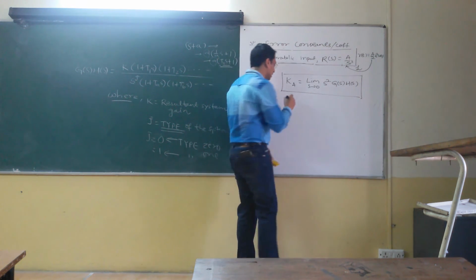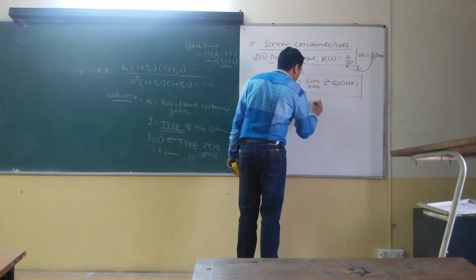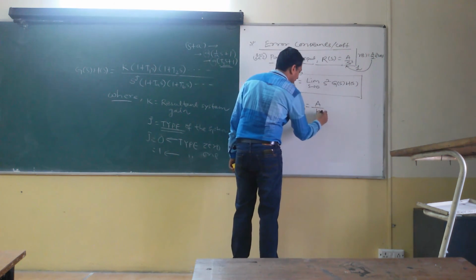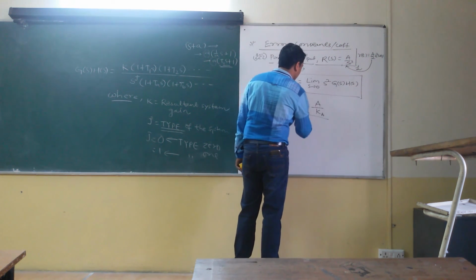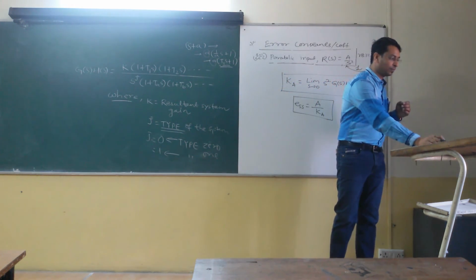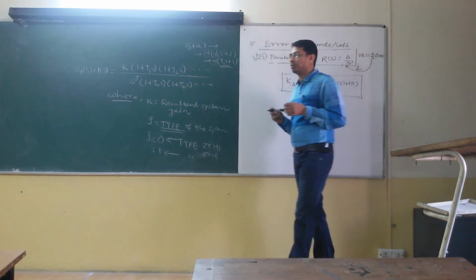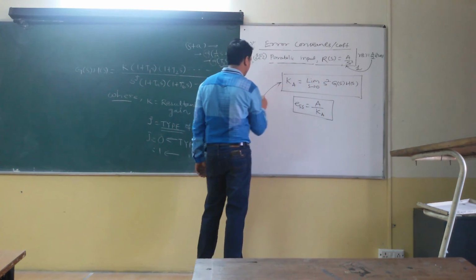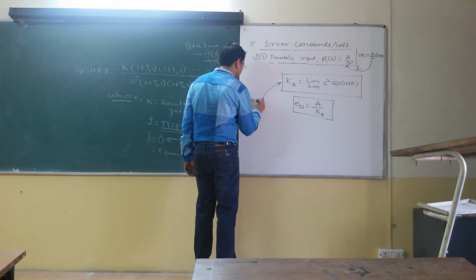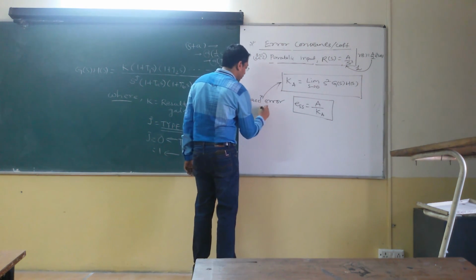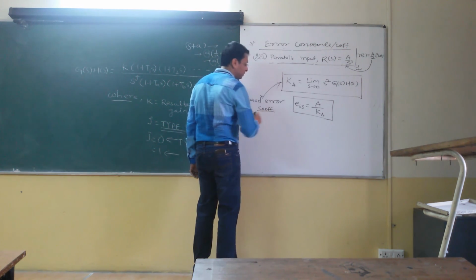And accordingly, ess will be equal to A upon Ka, where Ka is the acceleration error coefficient. Correct?